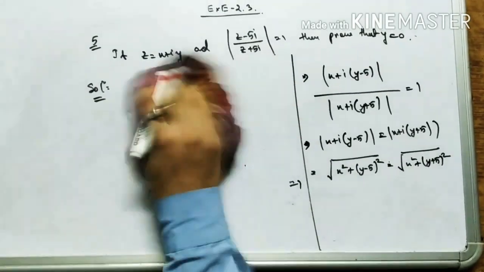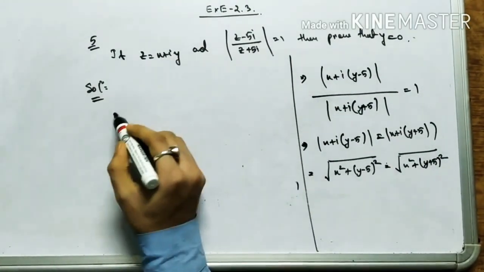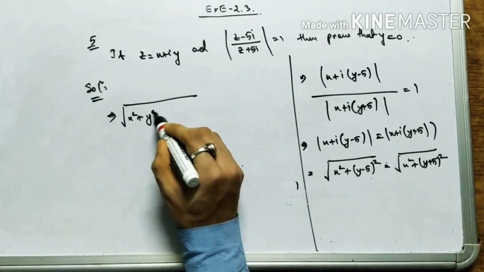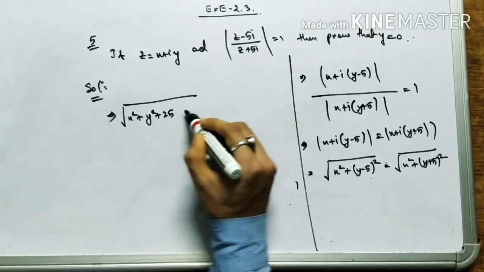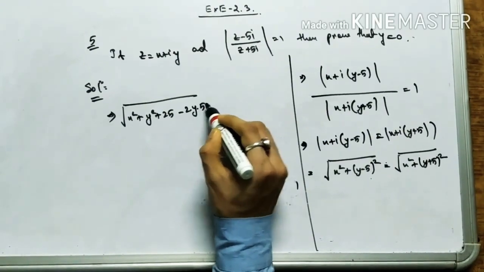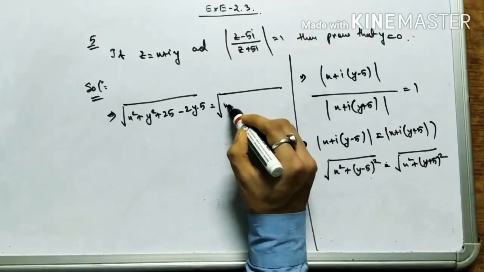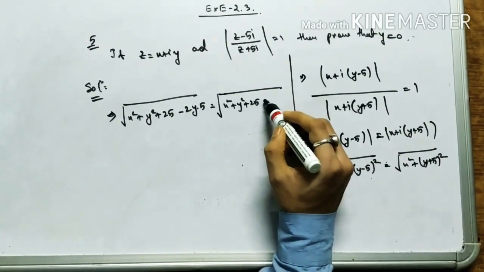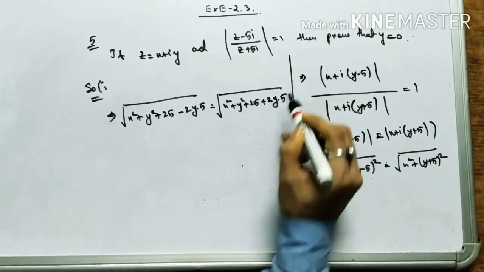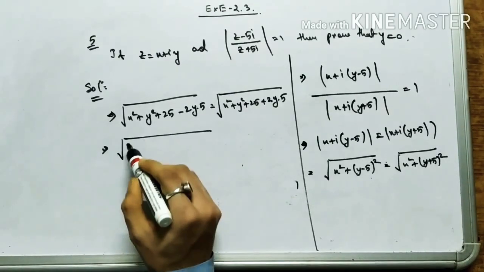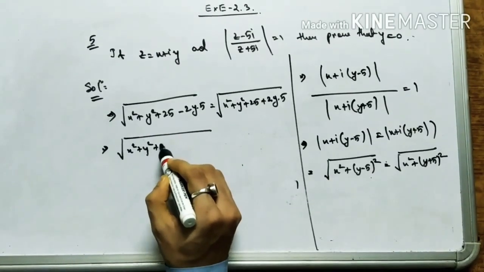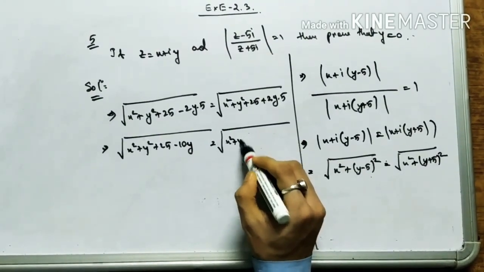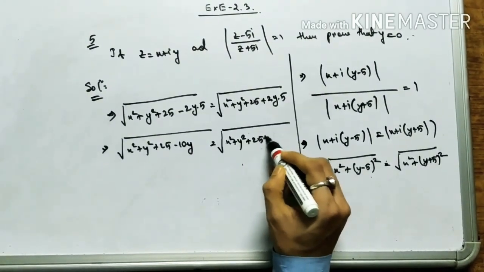Understand? Let me rub this one. Now this thing, if I break it into formula, root over x square plus y square plus 25 minus 2 into y into 5 is equal to root over x square plus y square plus 25 plus 2 into y into 5. So this is equal to root over x square plus y square plus 25 minus 10y is equal to root over x square plus y square plus 25 plus 10y.